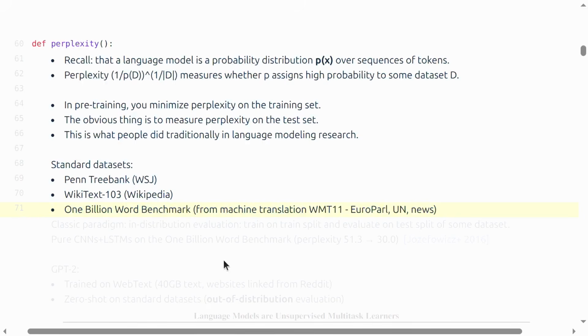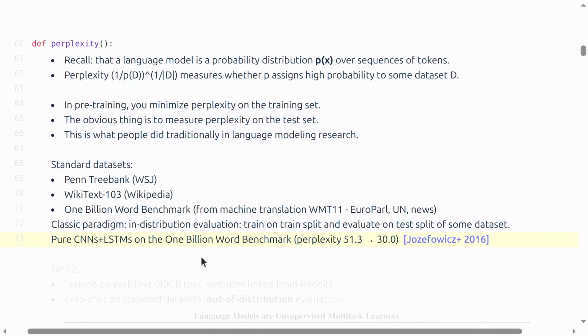machine translation sources. And this is all in the classic paradigm, which is in-distribution evaluation. You train on some train split of that data set, and then you evaluate on some test split of that data set. And people actually made a lot of progress, which was just measured in perplexity reduction.